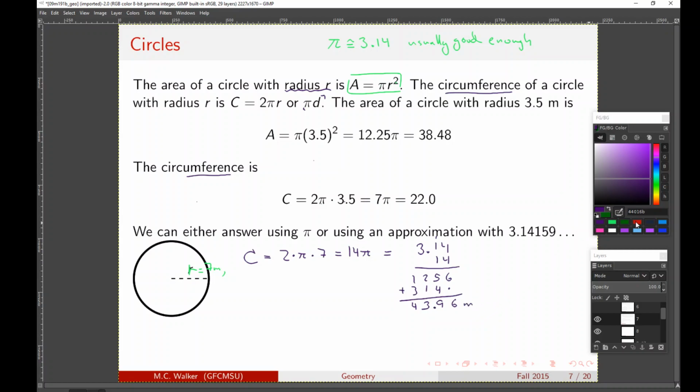And the same thing for the area. The area is pi times the radius squared, so that's pi times 7 squared, so that's 49 pi.